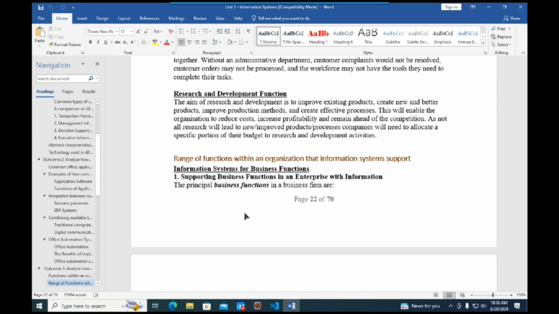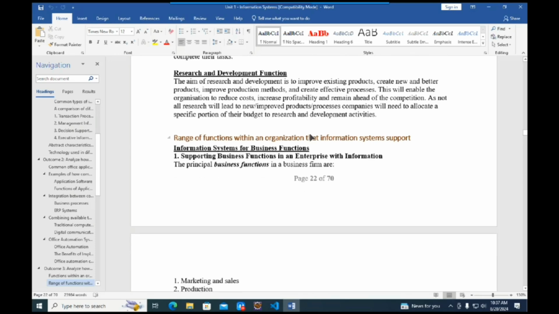When these are taken into consideration, there will be a reduced cost for the organization. The organization benefits in that cost is reduced, profitability increases, and the organization remains at the top in terms of competition. So those are the different functions in an organization.